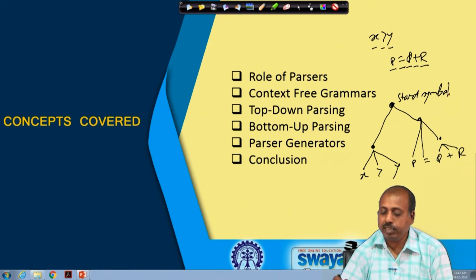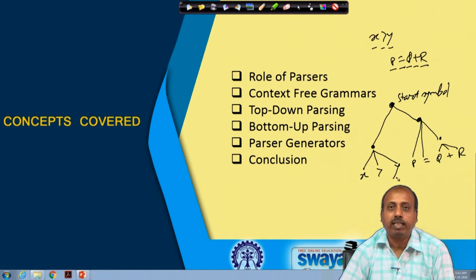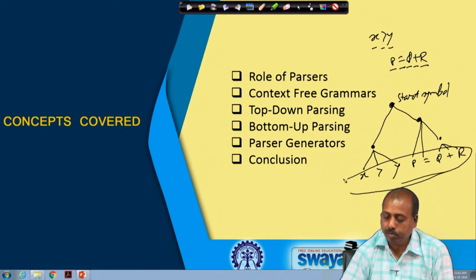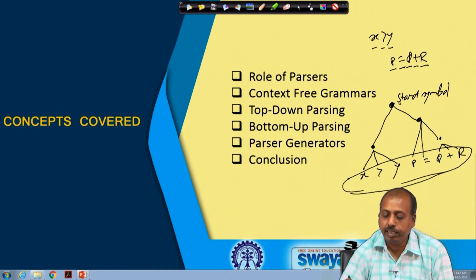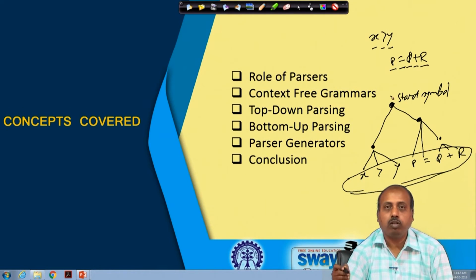So, what is happening is that ultimately we are producing a tree. The way I have described it, I have started at the lowest level with the input file itself, and from there I am trying to reduce that input file to the start symbol of the grammar.